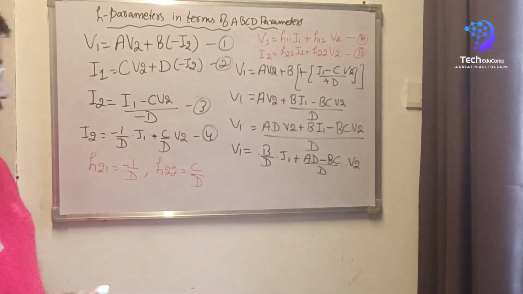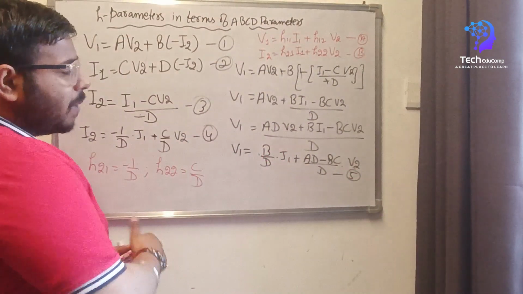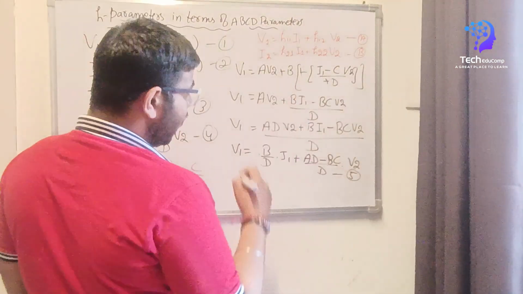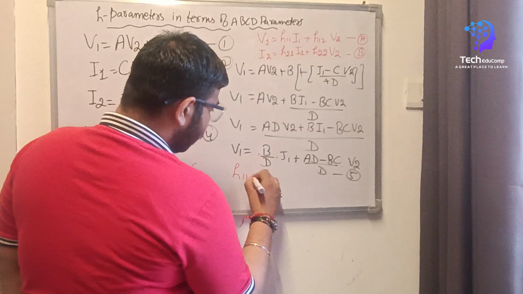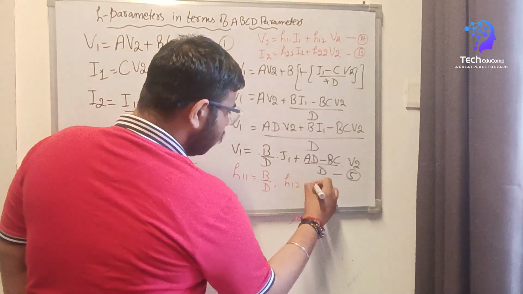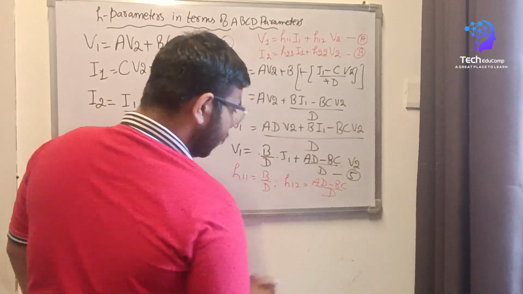So this is equation number 5. By comparing equation number 5 and equation number A, I get h11 equal to B by D and h12 is equal to AD minus BC upon D.